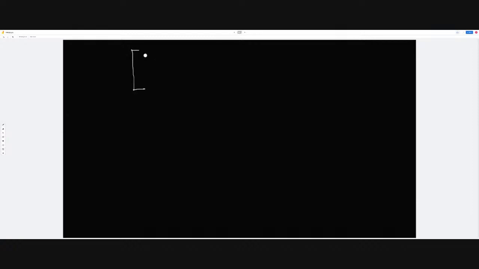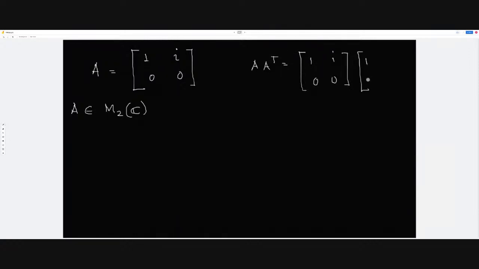Just take the matrix A = [[1, i], [0, 0]], which is in M2(C). If you take the transpose, then A into A transpose is [[1, i], [0, 0]] times [[1, 0], [i, 0]]. If you take the product, then it's 0.